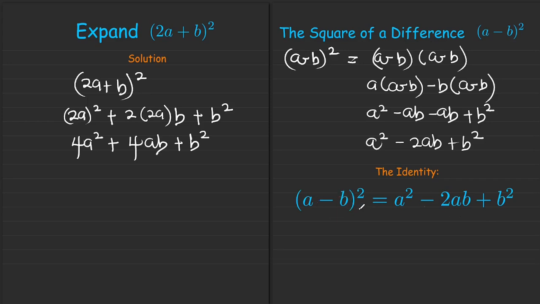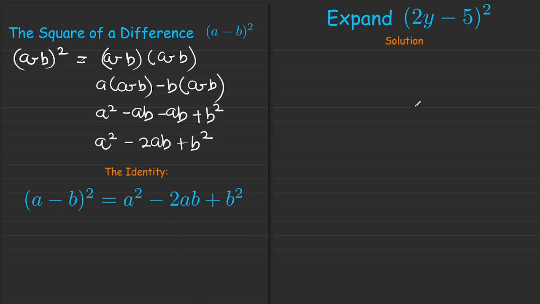Let's look at how we can apply this to evaluate or expand binomials. So for our first question, we have 2y minus 5, and then all squared. So using the identity, you realize that this becomes our first term, and the whole of this is our second term.